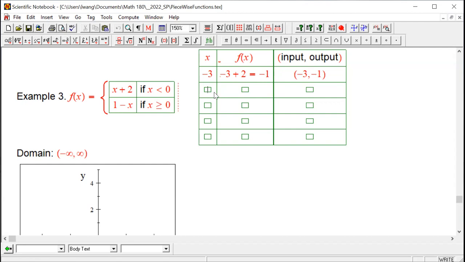When input equals -1, what would that be? The output is going to be -1 plus 2, so that's going to be +1. So here you have -1 as input, output is 1.